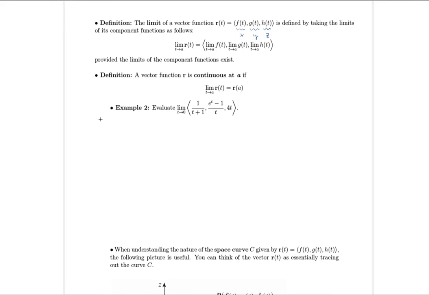So what I can literally do here, in example 2, is say, let's take the limit as t goes to 0 of this.